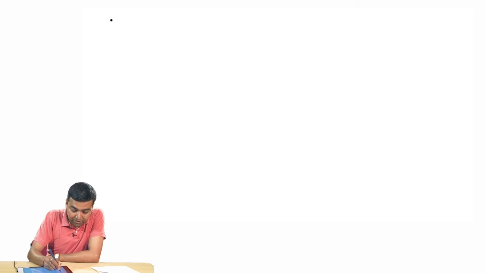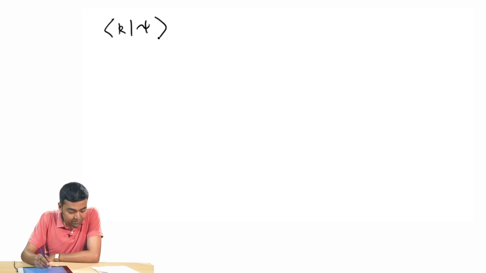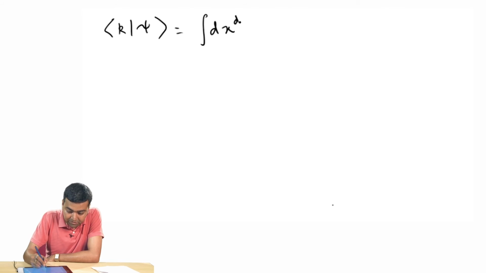So, what I have is <k|psi>, which I can write as integration dx of <k|x> and so on. I will plug in the value of |k> and the value of |psi>. Corresponding to this state k, the wave function, if you remember, we had chosen as phi_k, and since it is the bra of that, I will take a complex conjugate.